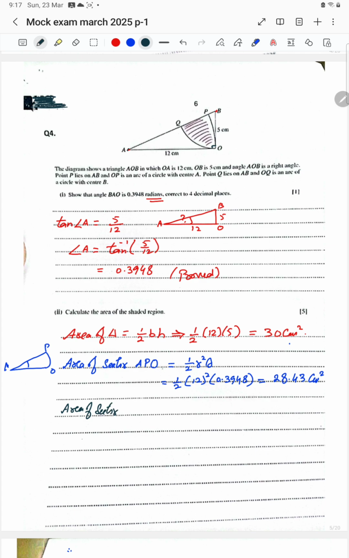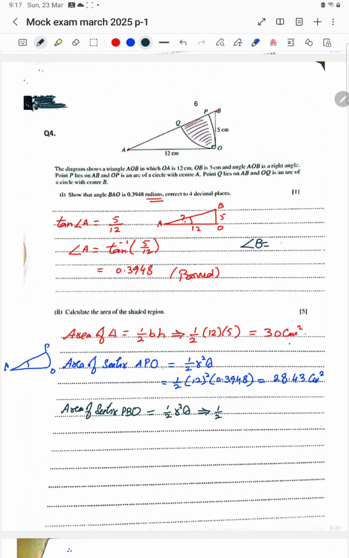Now similarly we will go for the other sector. Area of sector with the center B, say PBO, that is again half r square theta. This time r is 5, and for angle theta we have to calculate the angle B. Angle B here we can calculate.